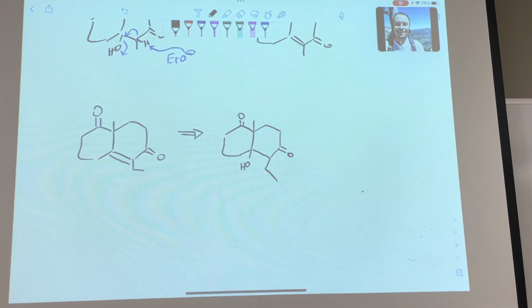So that would be it. Now the question is, how did we get to the beta hydroxy? Well, you get the beta hydroxy by having the enolate attack a carbonyl. So the bond we really need to think about breaking is that.